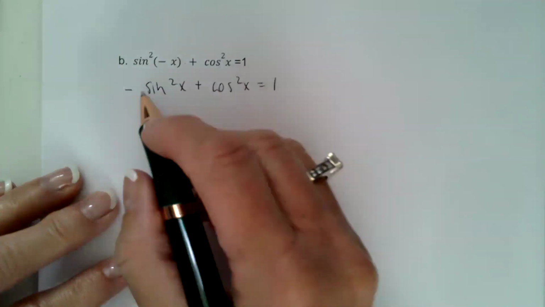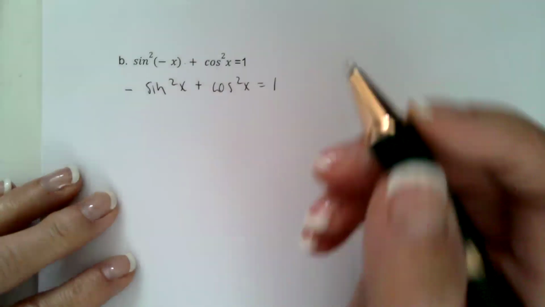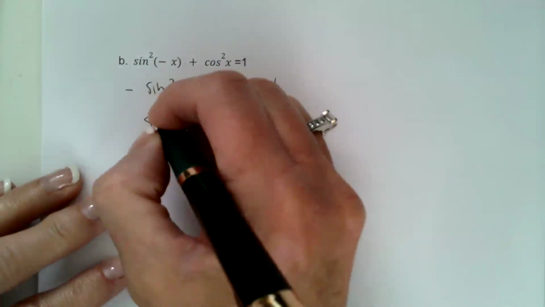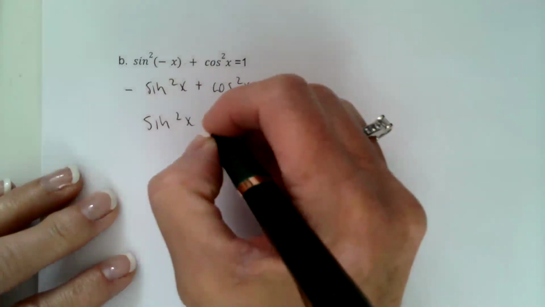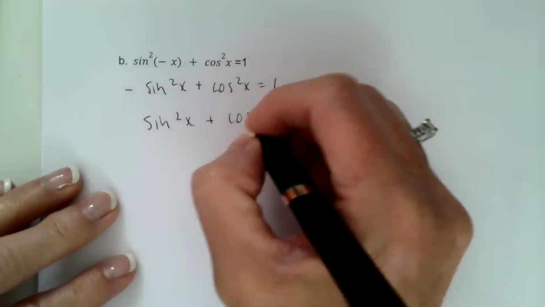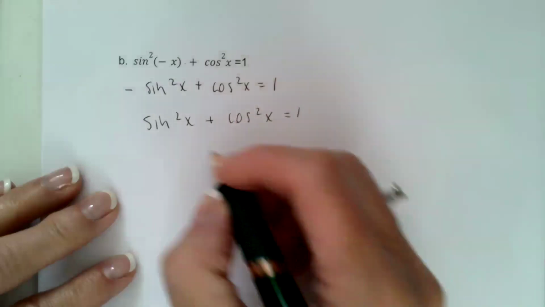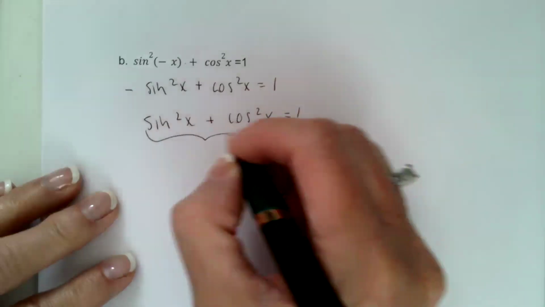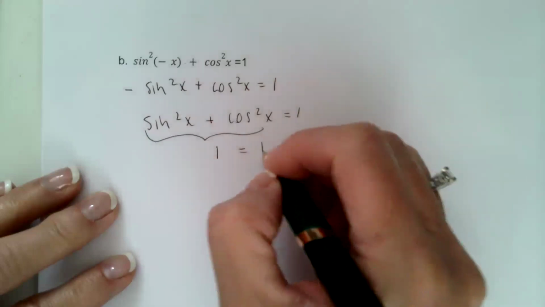And we know that the negative sine squared x is equal to sine squared x. And then we have plus cosine squared x equals 1. And we know from the identity that this equals 1. So 1 equals 1.